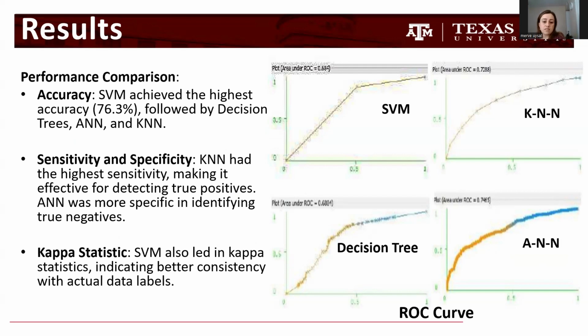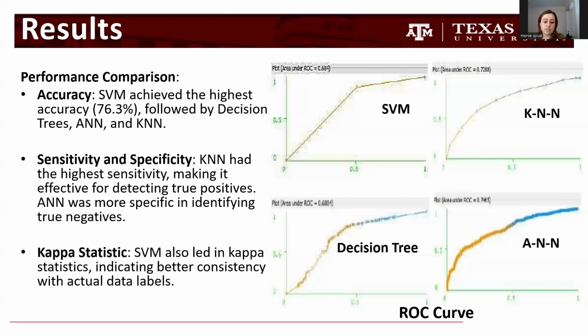When considering sensitivity and specificity, KNN showed the highest sensitivity, meaning it was most effective at identifying true positives, while ANN was better at specificity, detecting true negatives more accurately. Finally, the kappa statistic further emphasizes SVM's consistency as it outperformed the other methods in this measure, indicating better alignment with the actual data labels.